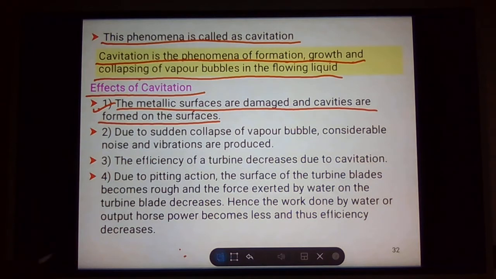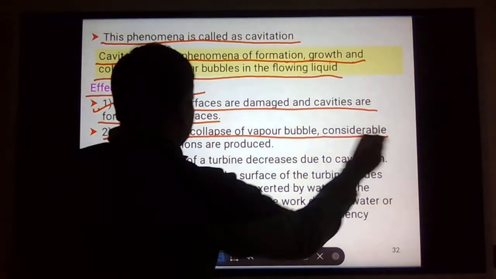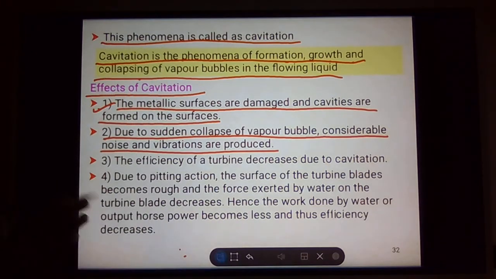Now due to sudden collapse of vapor bubbles, considerable noise and vibrations are produced. Considerable noise means it can be audible. Sometimes audible sound will be produced, and the vibration can be harmful for our metallic parts and our machines.